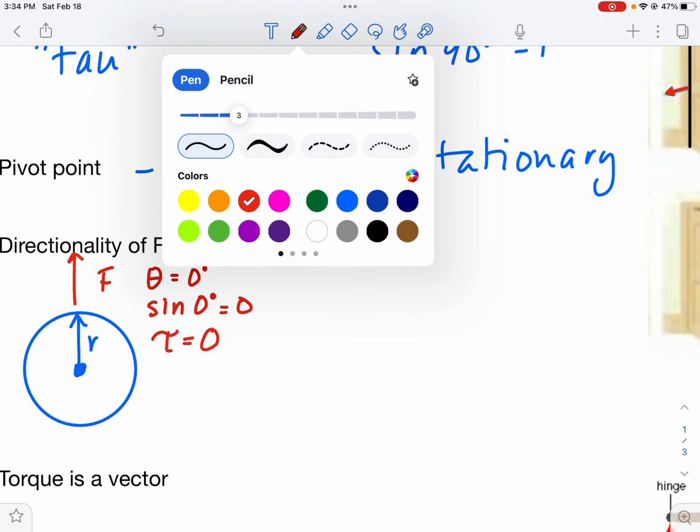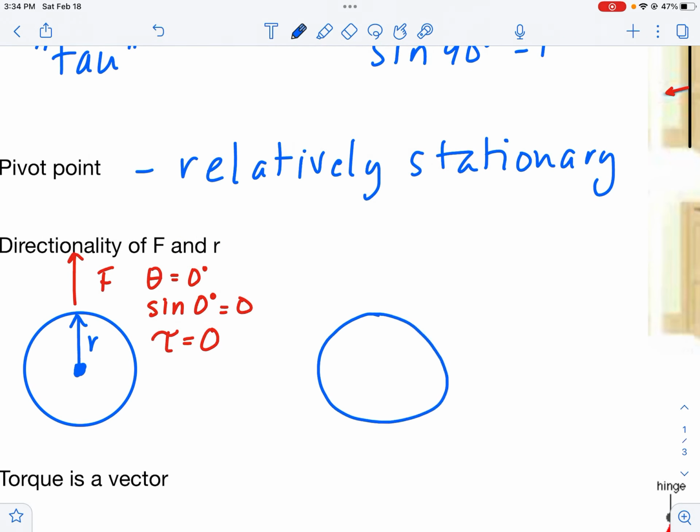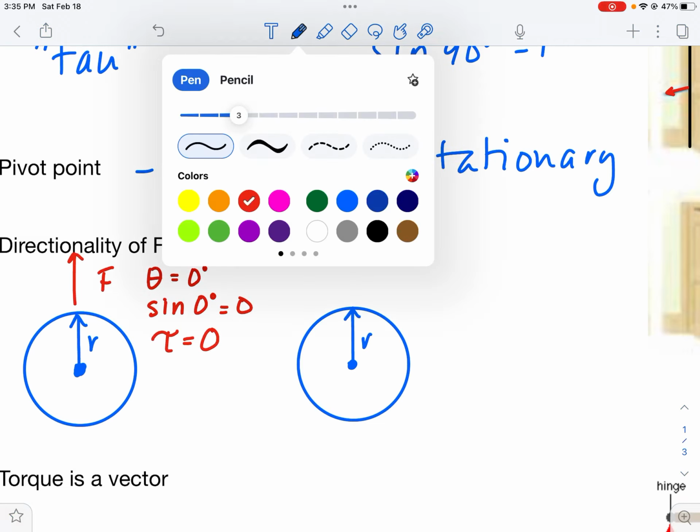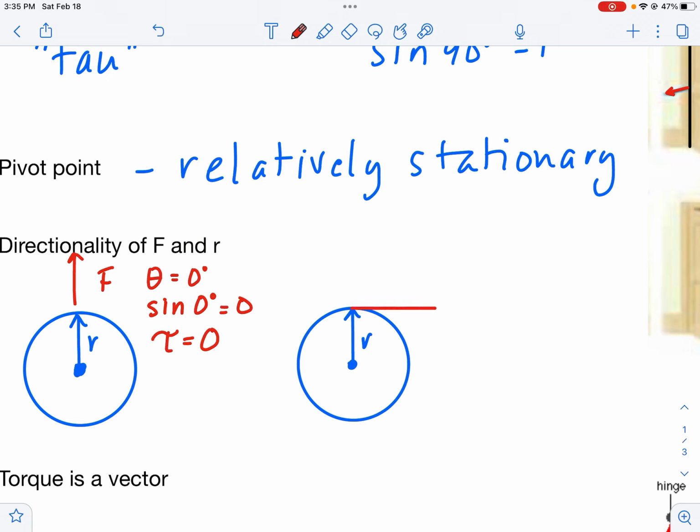Now let's see what happens if I have a lever arm and a force acting perpendicular to that lever arm, like this. That's going to give me my maximum torque because the sine of 90 degrees is 1.